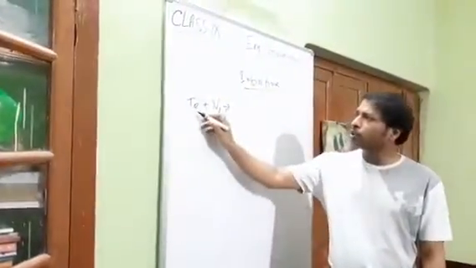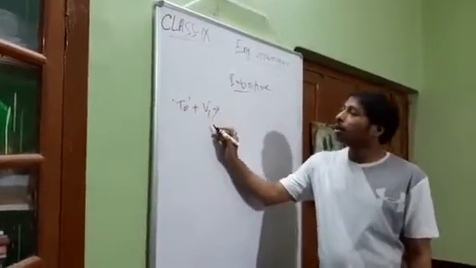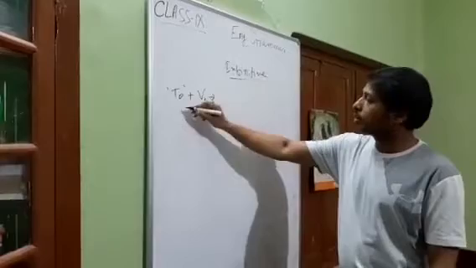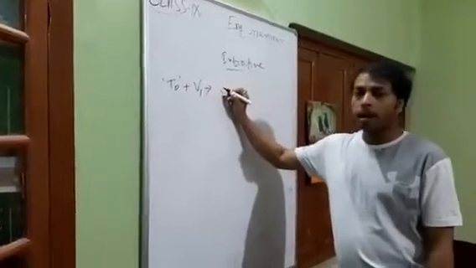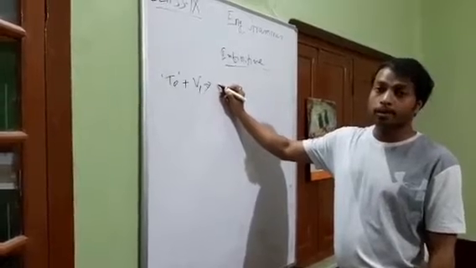If we add the preposition to before V1, and if this acts as a noun, then we call it infinitive.